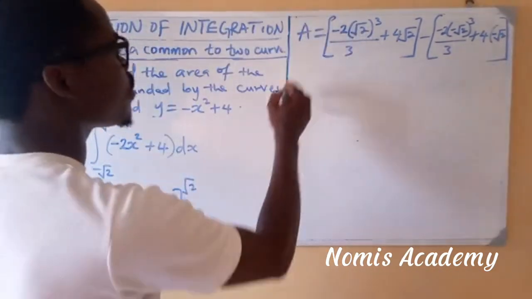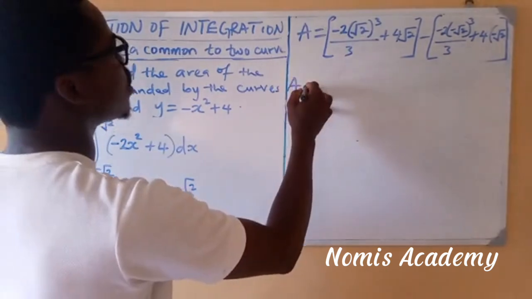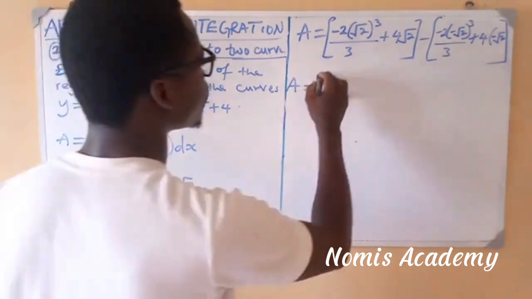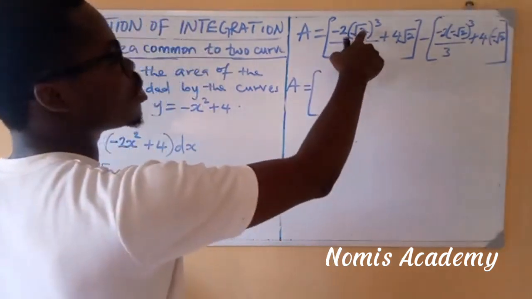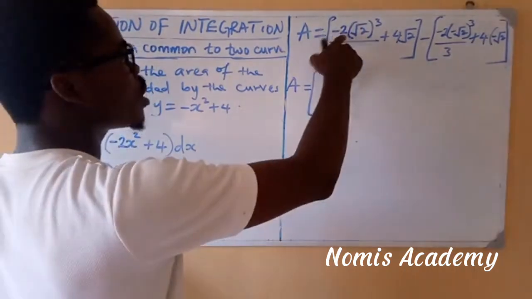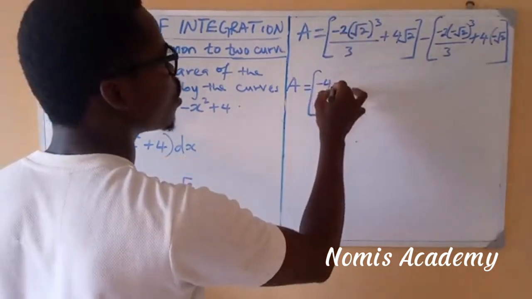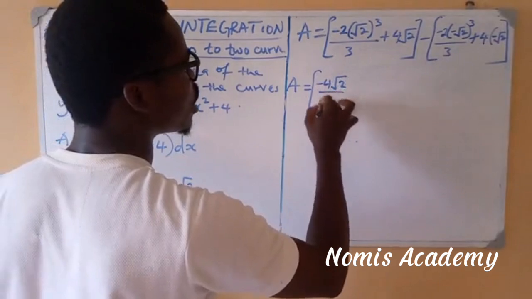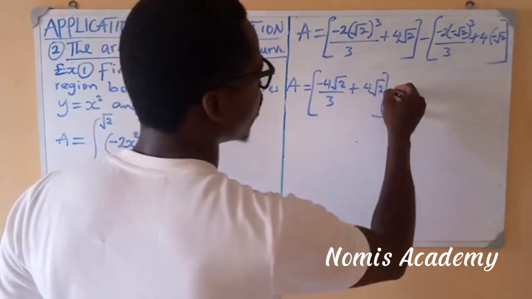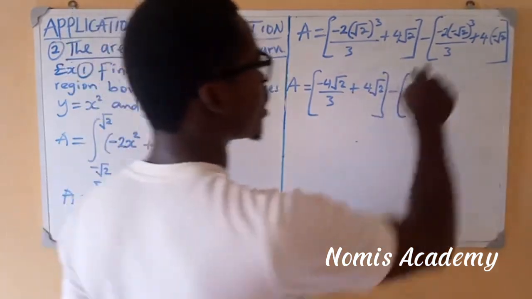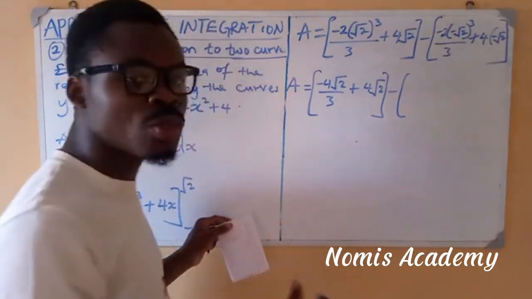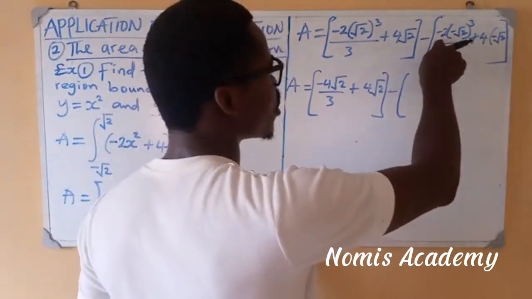Okay, so let's simplify that. We have A is equal to, here root 2 raised to the power of 3 will give us 2 root 2. So 2 multiplied by minus 2, we have minus 4 root 2 over 3 plus 4 root 2, minus, now here we also have minus root 2 raised to the power of 3. That will be minus 2 root 2. So minus 2 times minus 2 is 4.